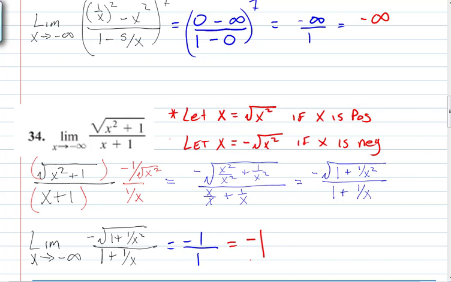Yes, sir? On that step in the red right there, so you're saying that numerator is the same as the denominator? In value, yes it is. Because remember, the only reason it's the same right here is because x is going to a negative number. So this is negative, right? When you square a negative, you get a positive.